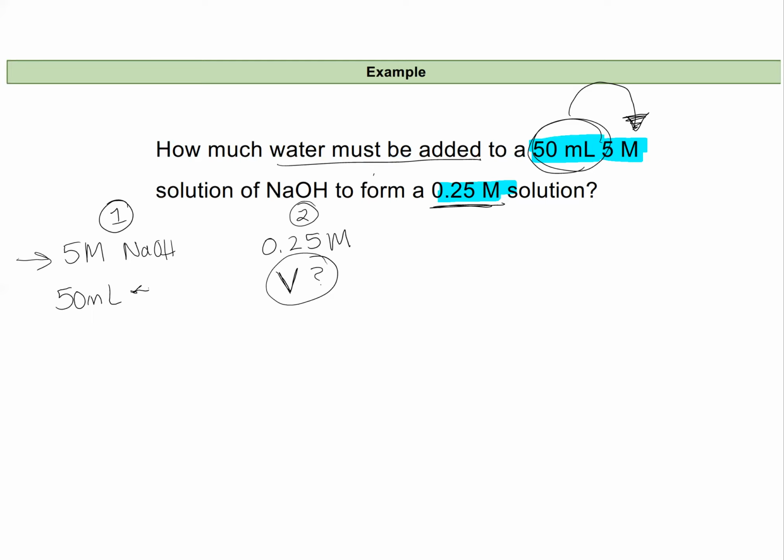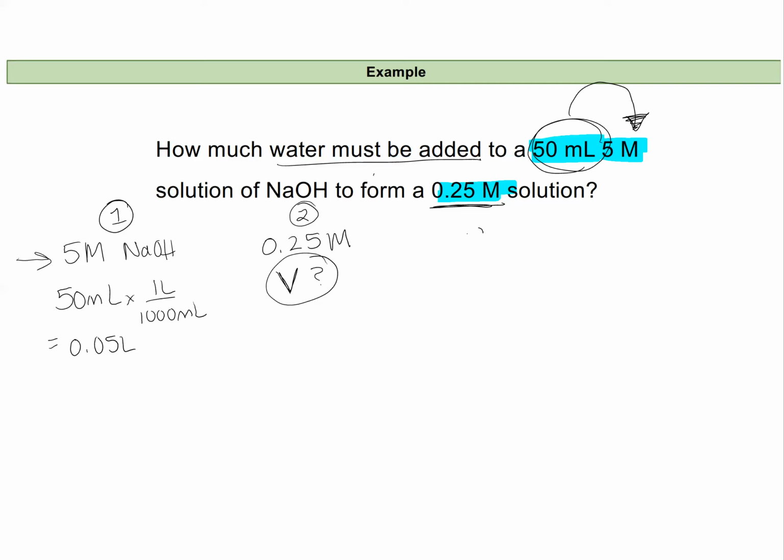So my 50 milliliters I can convert into liters to make my units match up nicely. You don't have to do this because you'll get the same units on either side, but it's helpful. 1 liter divided by 1,000 milliliters. This is really 0.05 liters.